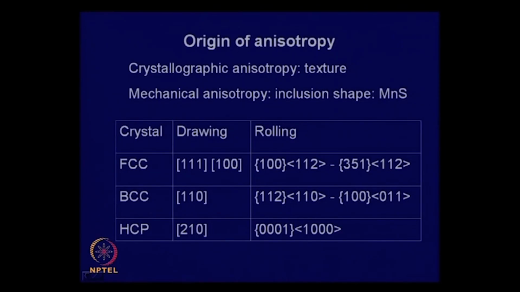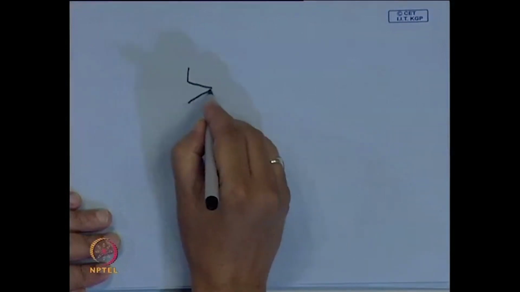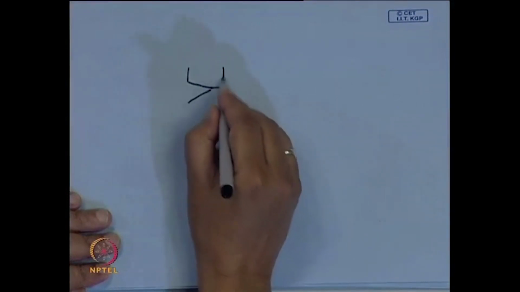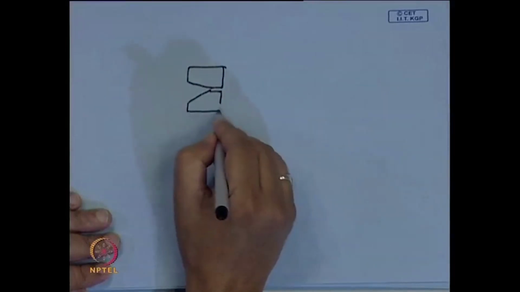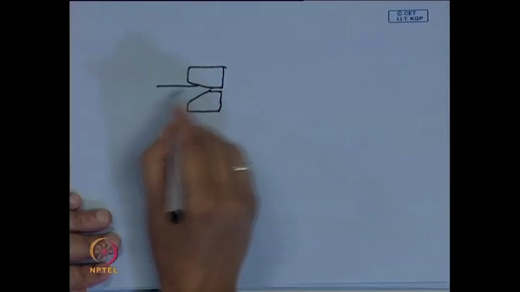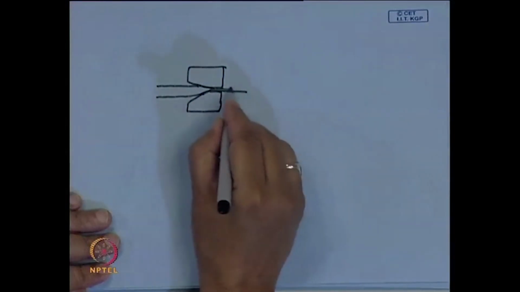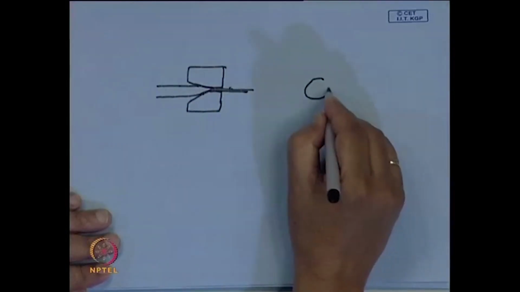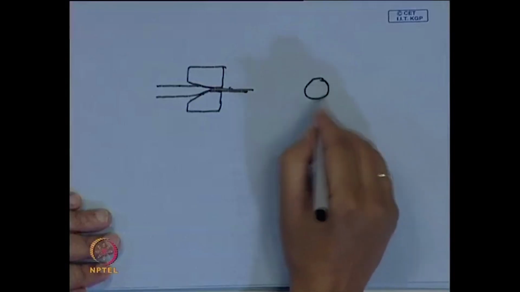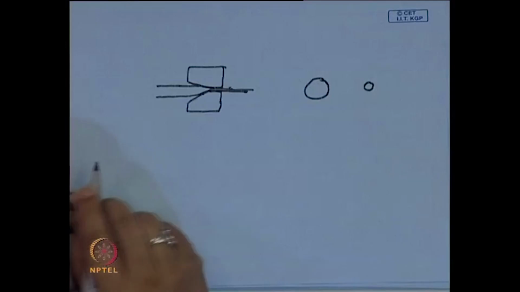If you recollect drawing, you have a die, and your product, this is your sample, and you try to pull it through the die. So, you have a reduction. This is your initial cross section. After drawing, this reduces to this.